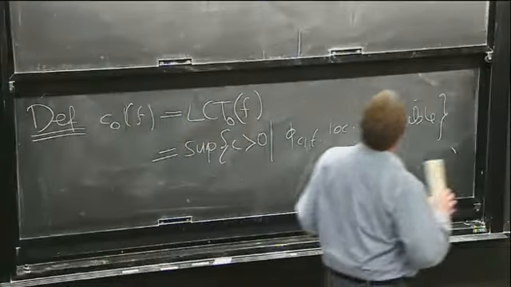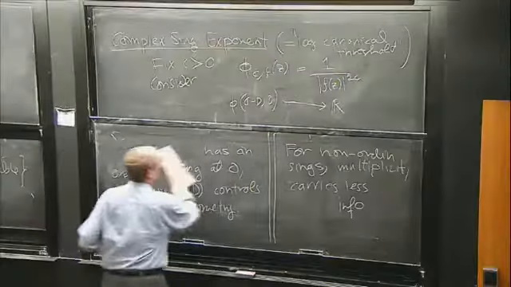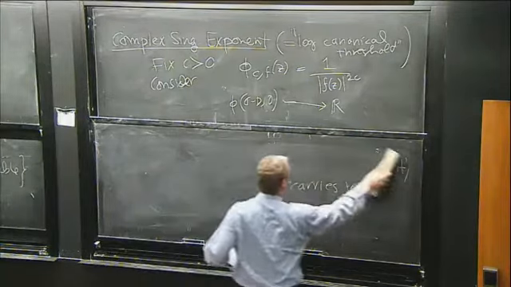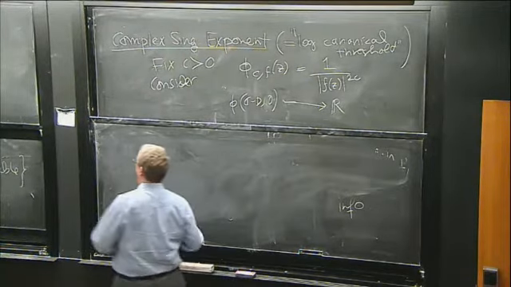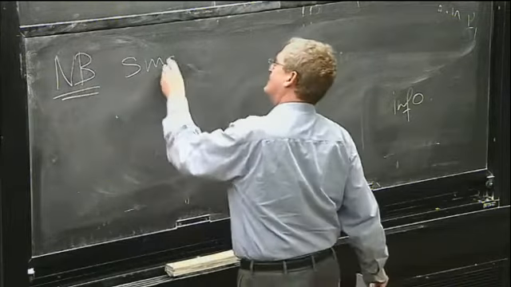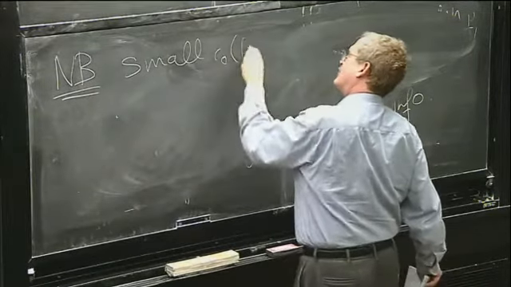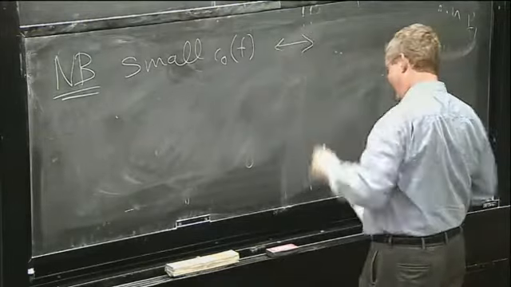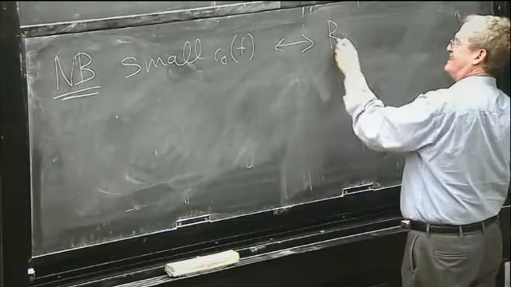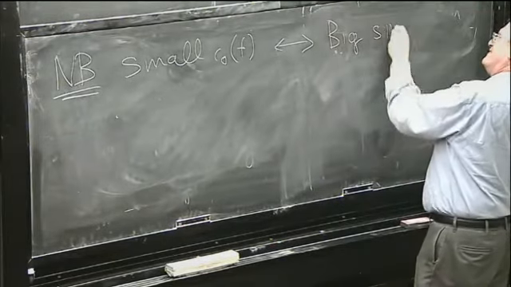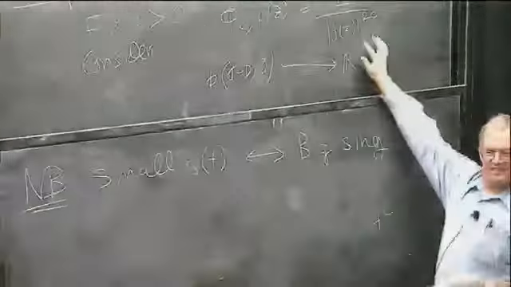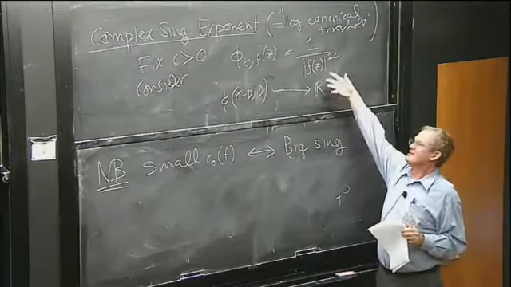Now, there's a slightly confusing thing here, which is that this behaves kind of like a reciprocal of a multiplicity. Note that, slightly confusing, but small c_0 corresponds to a big singularity. Because the intuition is that if f is very singular, then the bottom will vanish a lot.